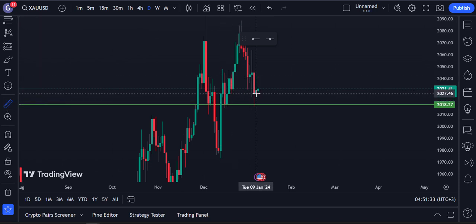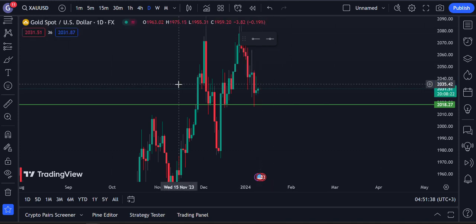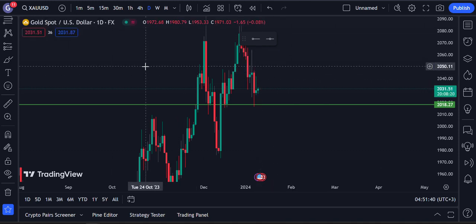Yesterday's candle was a bullish candle with a wick, which is probably a rejection to the top side.